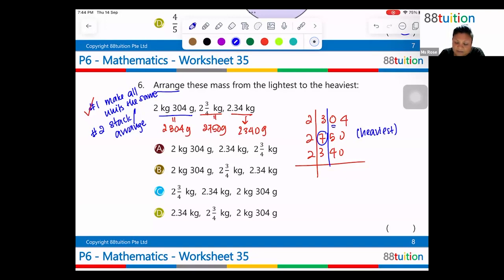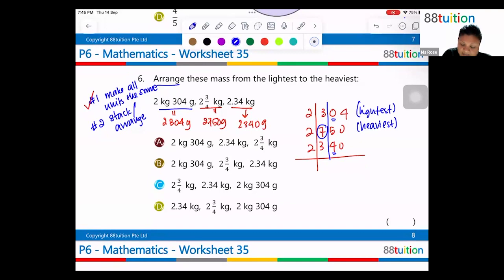I look at the third number. So this one is the lightest. Then followed by 2,340. So if I arrange from the lightest to the heaviest, this is heaviest, this is lightest, that's the second one. So your answer is A. Okay, everybody got A?